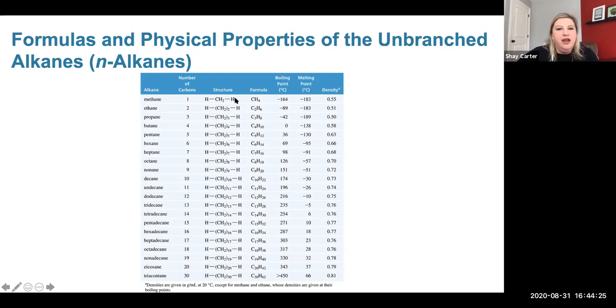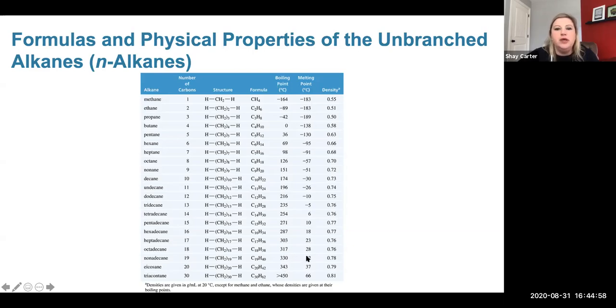So here is our structure here. And you can see, watch, as we move through here, here's our boiling point. Notice that our boiling point goes from very low to really, really big. So as our chain length increases, our boiling point increases.